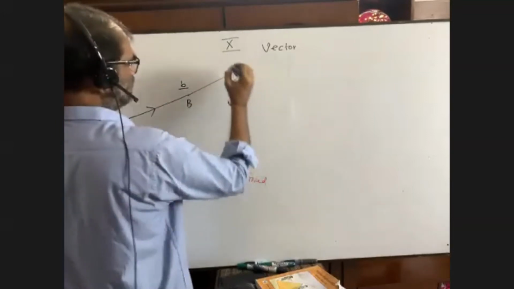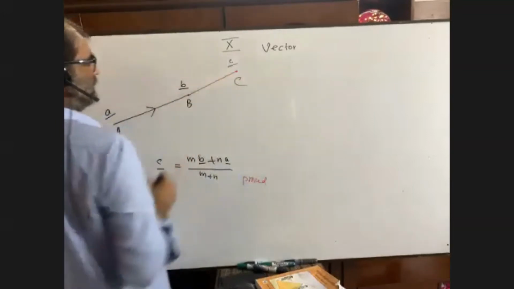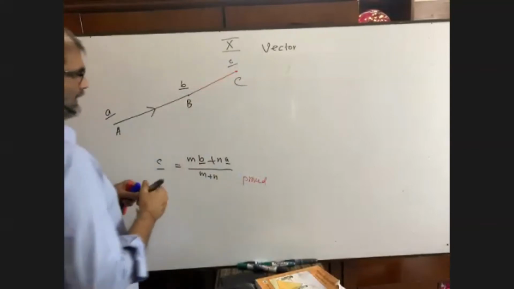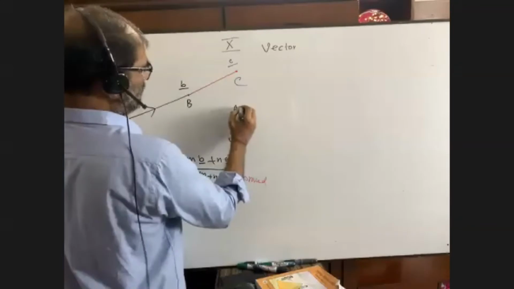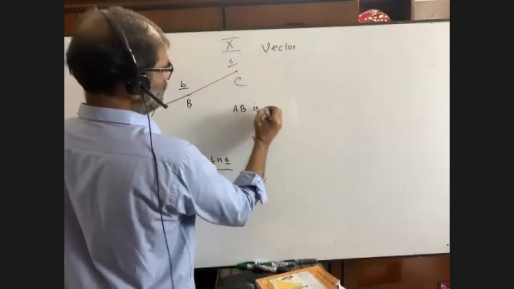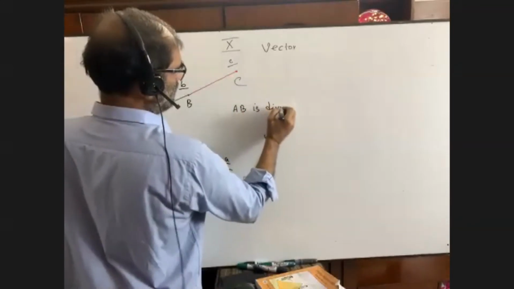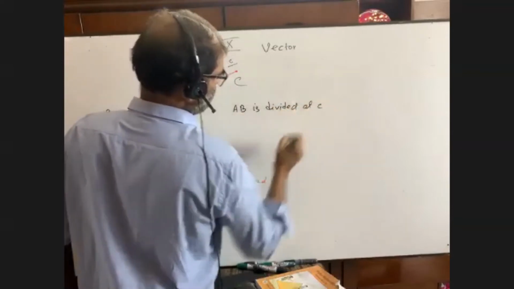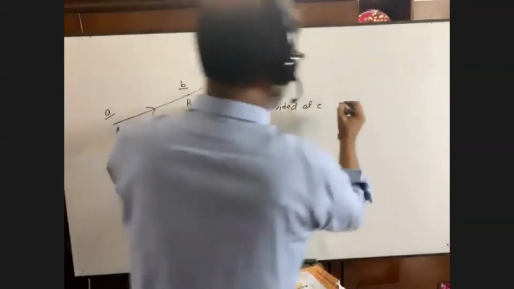It is the point C, whose position vector is C. Externally divided. Write down, AB is divided at C externally.